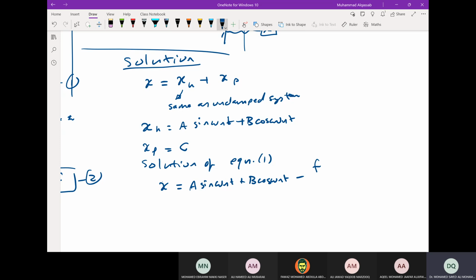So this will be minus f over k. This is the particular solution.